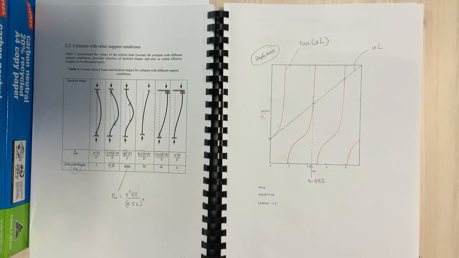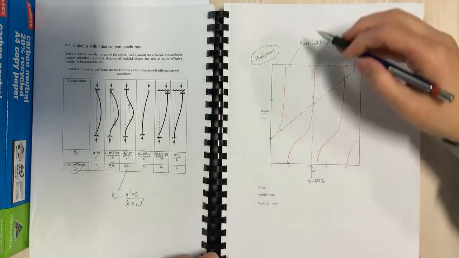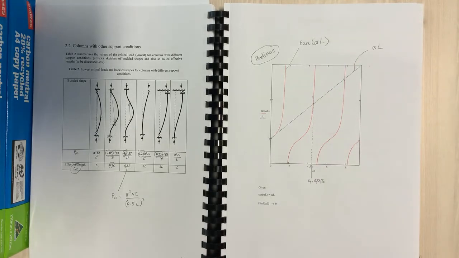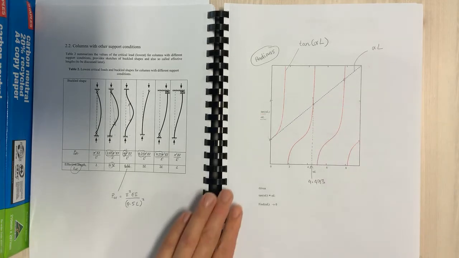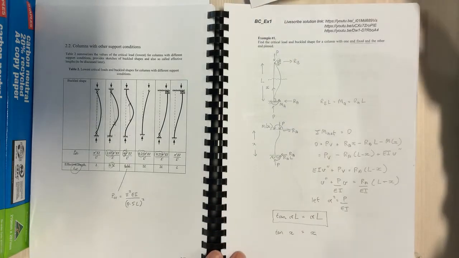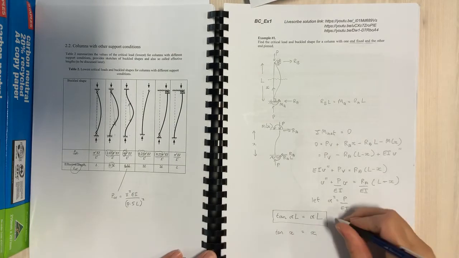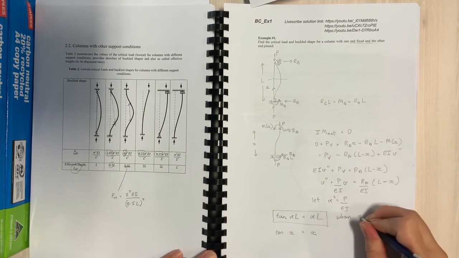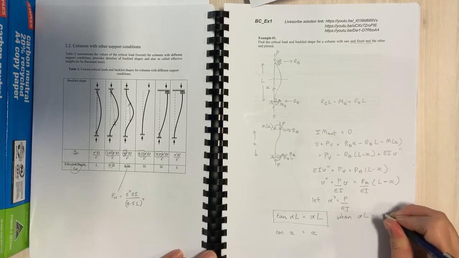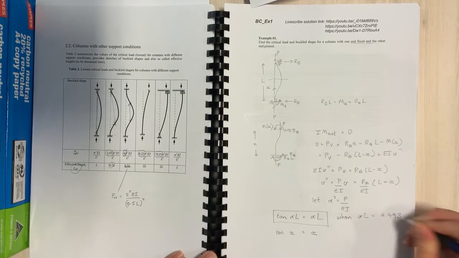So I'm quite happy for you just to be able to read that off from a piece of graph paper, 4.493. So that is the solution. Tan alpha L is equal to L when alpha L is equal to 4.493.